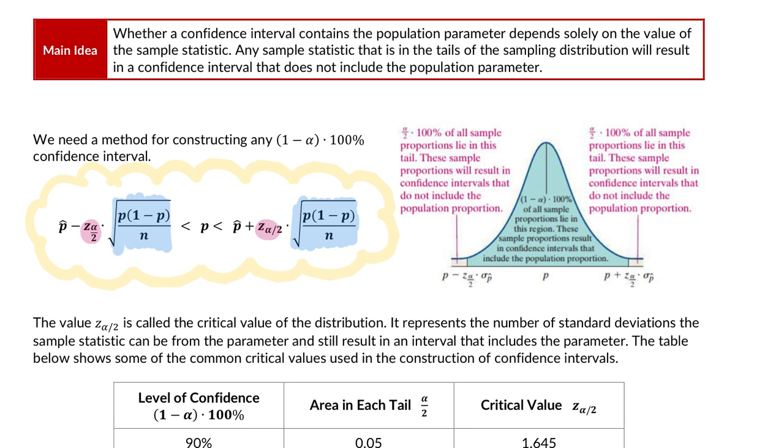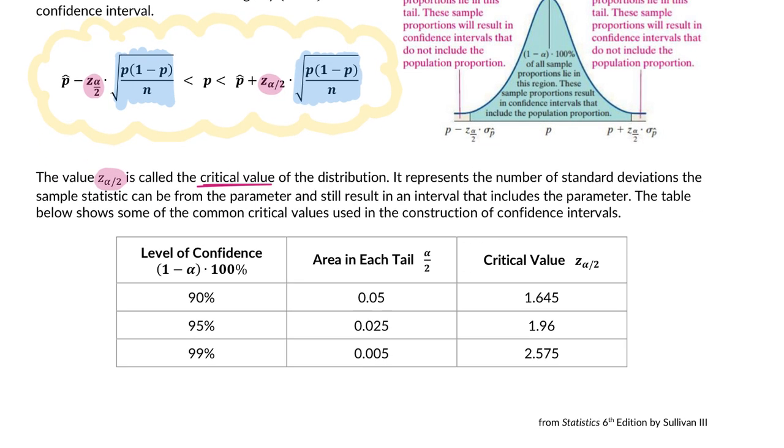So this value, z sub alpha divided by 2, is called a critical value of the distribution. That's going to be huge for us right here. It represents the number of standard deviations the sample statistic can be from the parameter and still result in an interval that includes the parameter. This table will be your best friend. Let's put some stars around it.